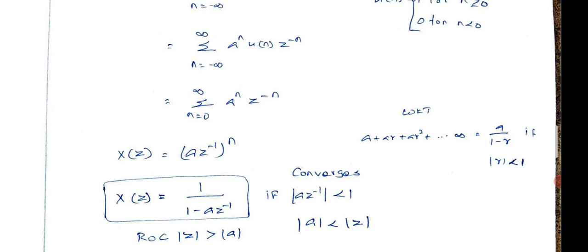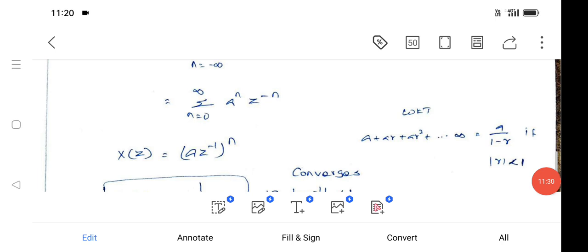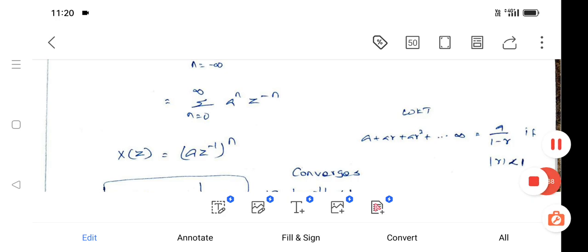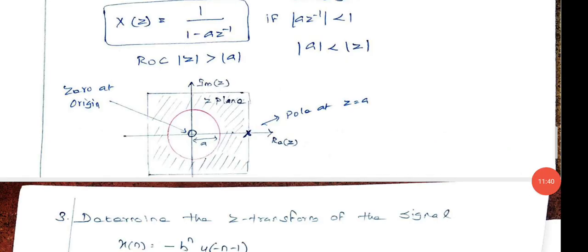Because z inverse is 1 by z, we get modulus of a less than modulus of z. So here ROC is modulus of z greater than a. So for this problem, modulus of z greater than a.